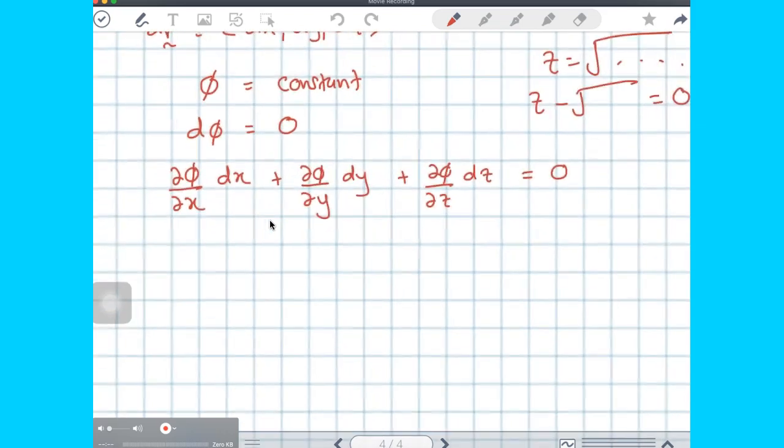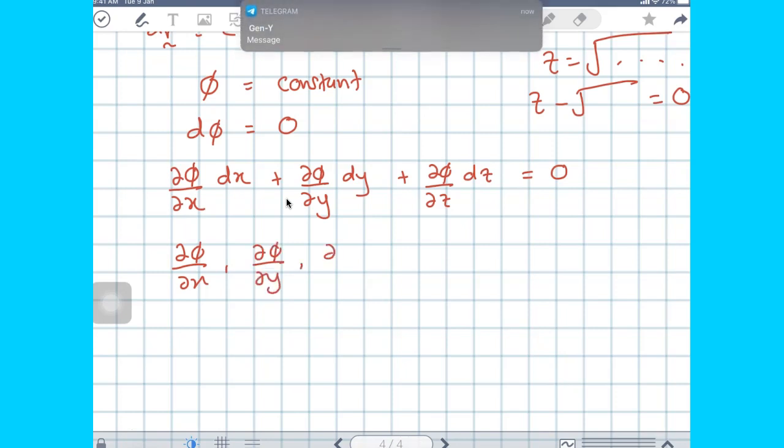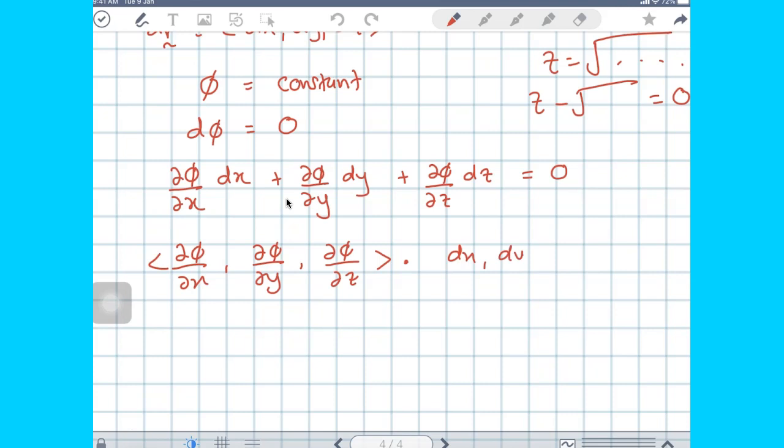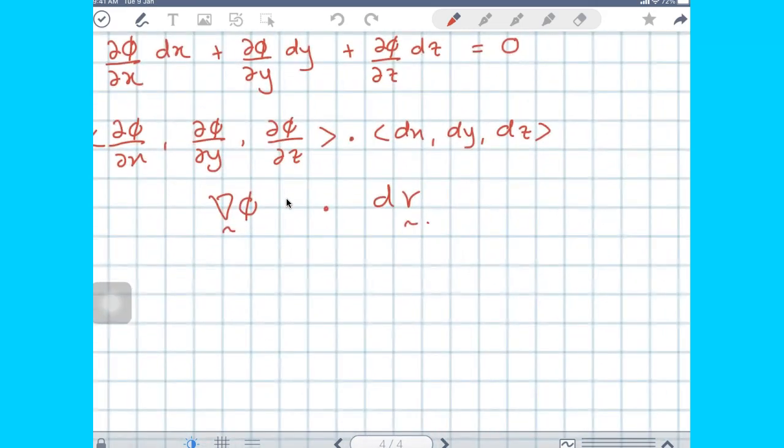Now from there, this one is actually the dot product between del phi del x, del phi del y, del phi del z, dot with dx, dy, dz, which is gradient phi dot dr. Gradient phi, from phi we just evaluate and find the vector gradient phi.